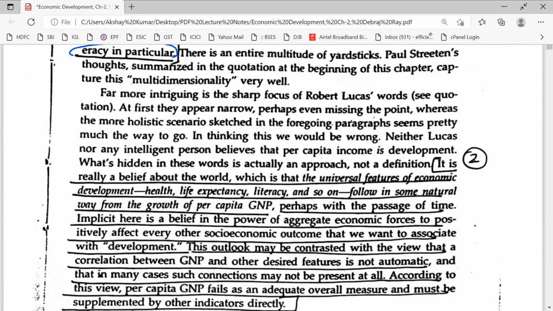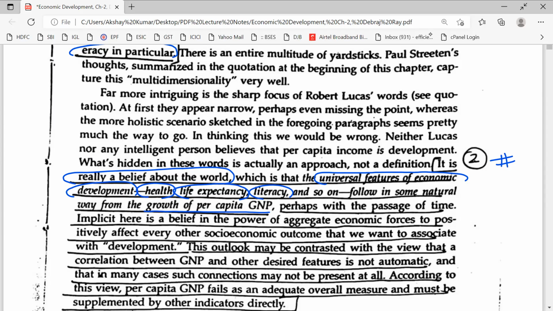If you scroll down, you can see the second point, which starts from this paragraph. It is really a belief about the world, which is that the universal features of economic development, are health, life expectancy, literacy, and so on, follow in some natural way from the growth of per capita GNP. Now paragraph 2 is telling us that the social indicators like health, life expectancy, literacy, and the per capita GNP, they are somewhat interlinked.